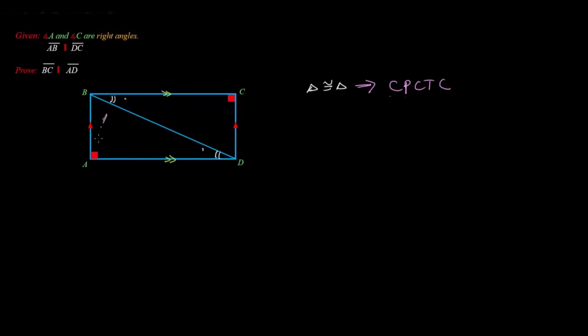So if you can prove this triangle is congruent to this triangle, then we can prove that these two angles, the ones that we're looking for, are congruent by CPCTC. So that's our goal: prove those two triangles congruent, and then using CPCTC, prove those angles congruent.